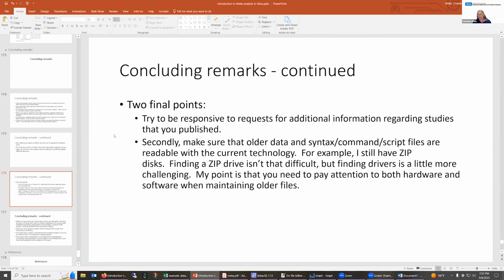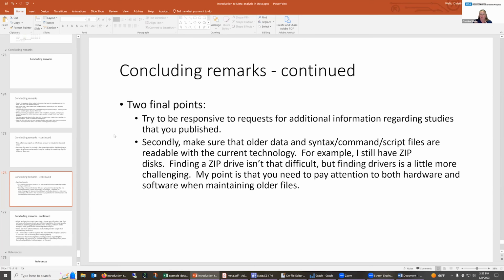I try very hard to make sure that older data, syntax, commands, files, script files, whatever, are readable with the current technology. Yes, I still have zip disks. My son finds this to be absolutely hysterical. They're big, chunky things, kind of heavy. He finds it to be completely hilarious.